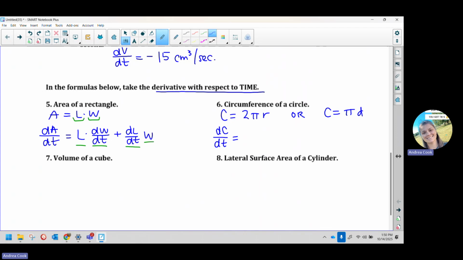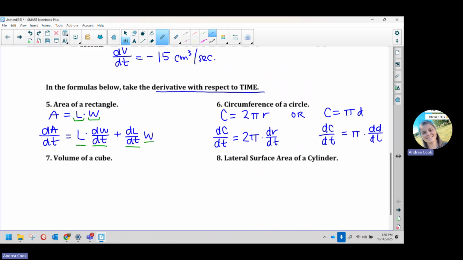So you just take the constant and you multiply it by the derivative of the radius, which would be dr over dt. If it was pi d, you'd have the rate of change in circumference, so dC over dt is equal to pi times dd over dt.